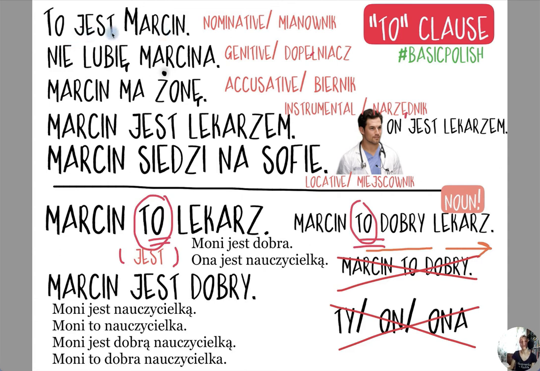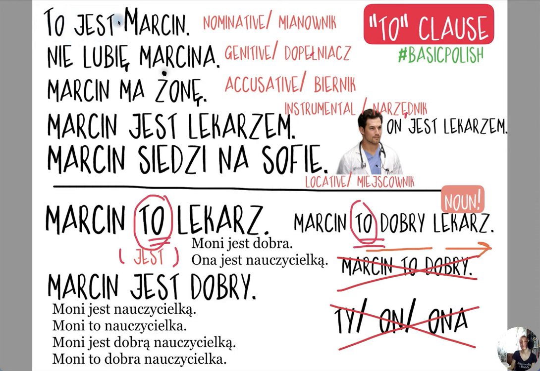So for singular, it's going to be to jest, this is, or it is. For plural, to są, these are, right? So to są dzieci, for instance, these are the children.